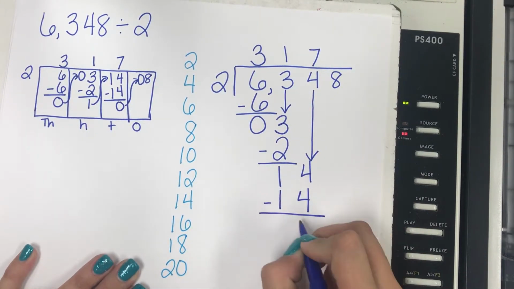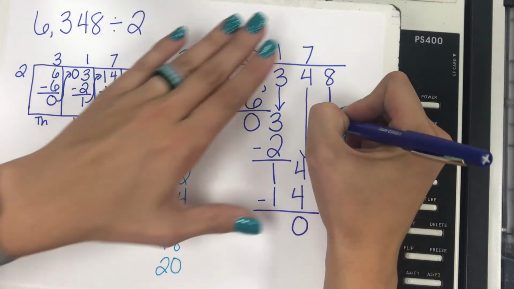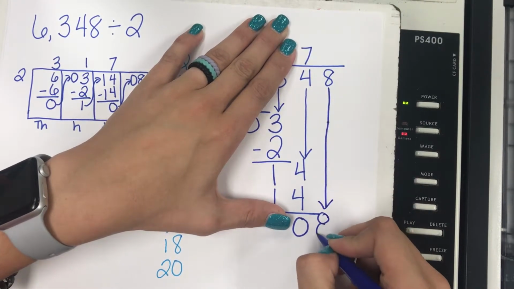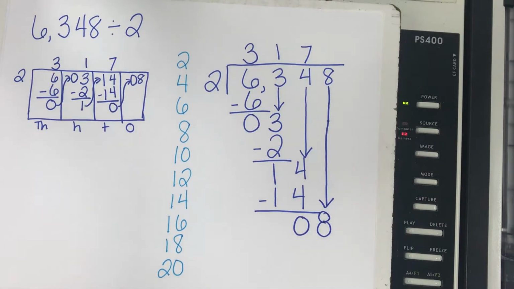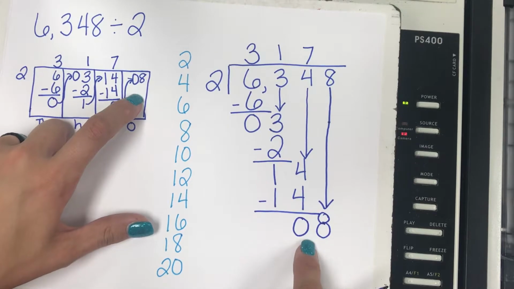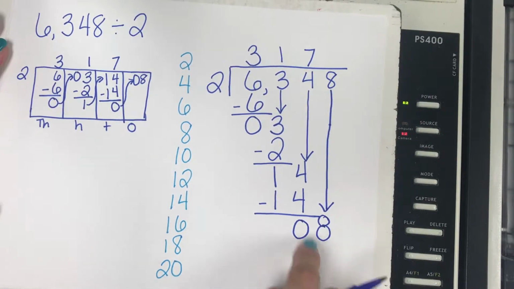So how many are left? 0. And then again. Ooh, that was a long one. That was a long arrow. Why is that one longer than the other arrow? They just have to go down further. So I have 8 ones in both my place value box and my standard algorithm.